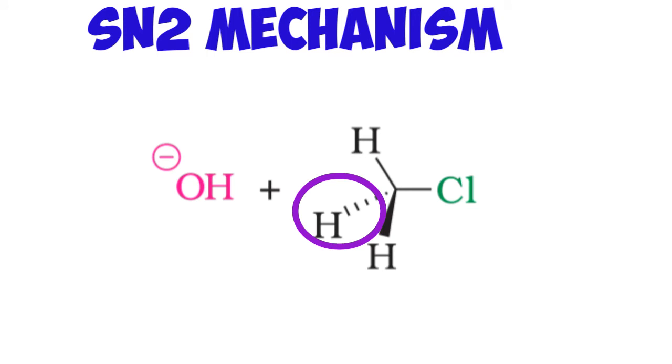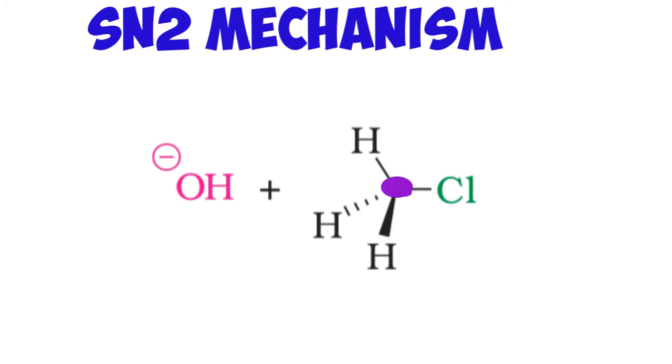And the dash line is going away from you. I can say that the dash line is going down the screen. And the straight line represents the bond in the plane of the screen or plane of the paper. Okay, you got that?